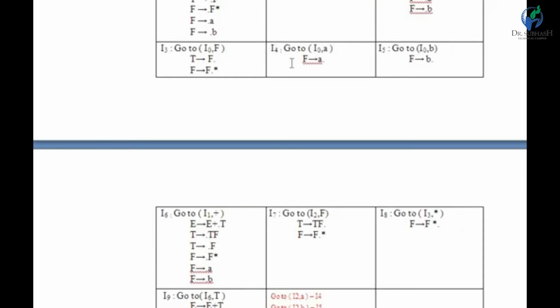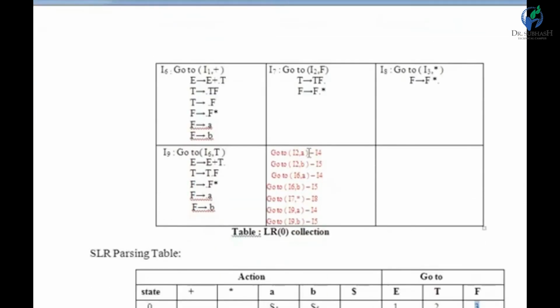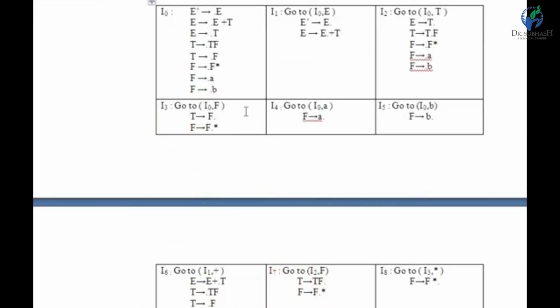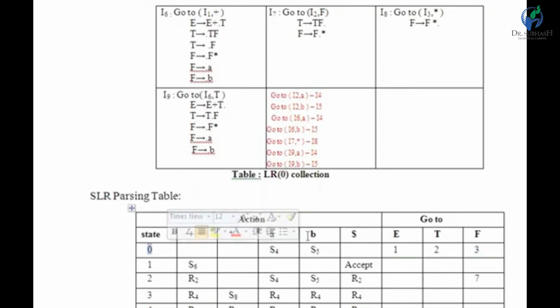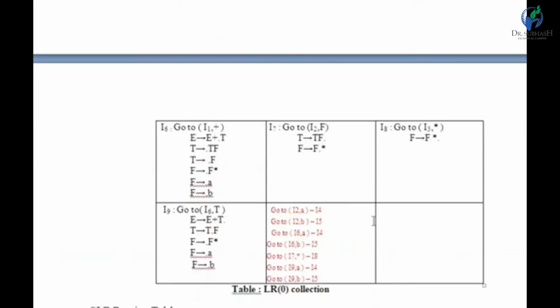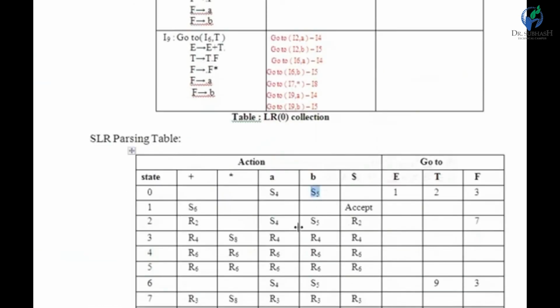So write its shift entry, S4. I0 to B, so in this column write the shift entry with number 5. So write S5.